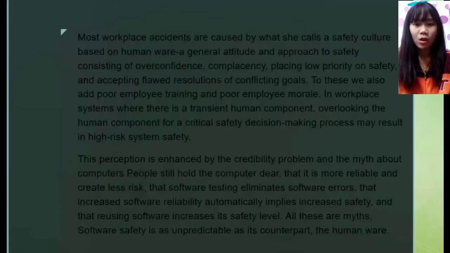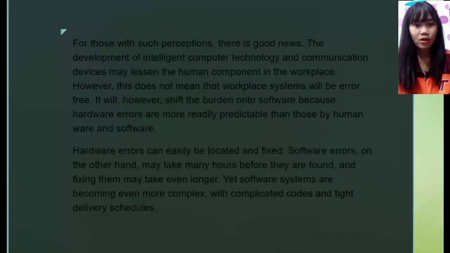According to Levinson, most workplace accidents are caused by what she calls a safety culture based on human factors, where there is a general attitude and approach to safety consisting of overconfidence, complacency, placing low priority on safety, and accepting flawed resolution of conflicting goals. To this, we also add poor employee training and poor employee morale.